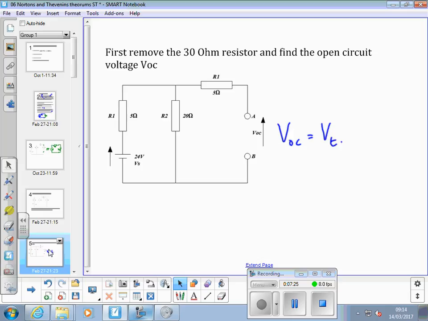So you're going to find the total resistance of that circuit as it stands. What are you going to do with that? What will that help you to find? What can finding RT help you to find?